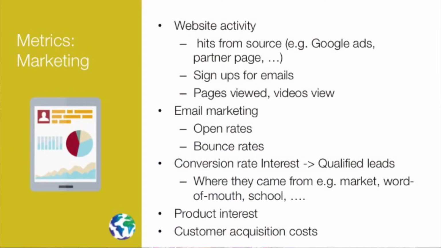You also should be looking at your conversion rate. Thinking about the marketing funnel that we talked about in module 4.2, looking at your interest all the way down into qualified leads. Do you have higher conversion rates from different types of leads coming in from different places?